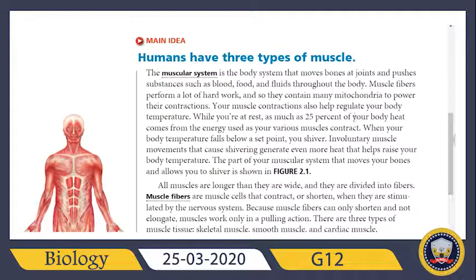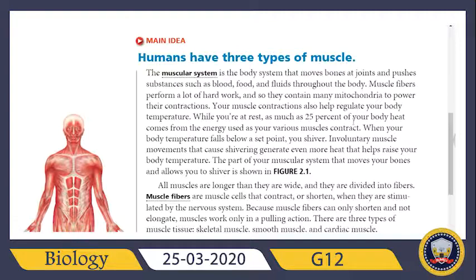Good. Another cool thing about muscles is that they help in regulating your body temperature. Sorry, I forgot to mention something. The muscular cells have a high number of mitochondria because they need a high input of energy in order to contract.